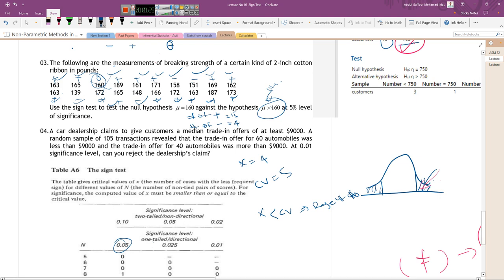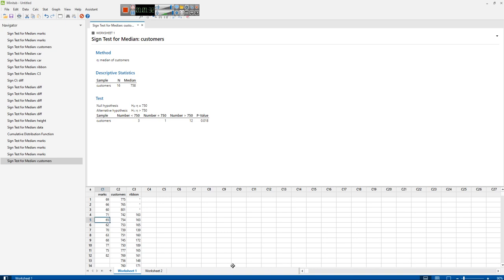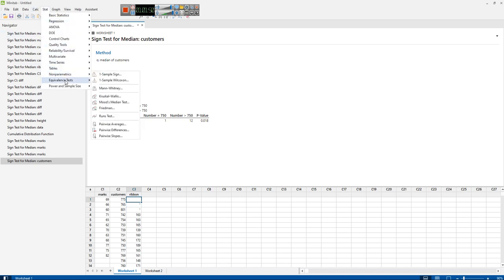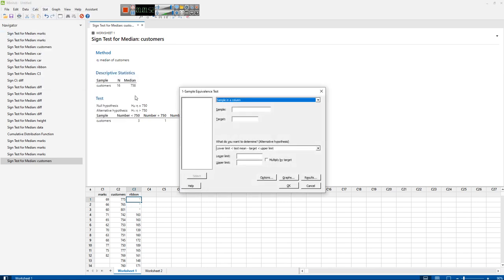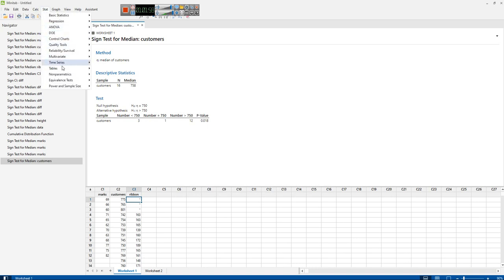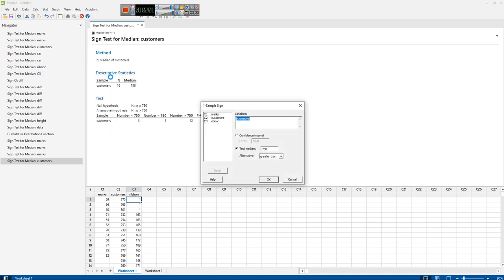Now we will perform this using our Minitab software. So I have the data here, ribbon, yeah. Right. So go to Stat, Nonparametric, One-Sample Sign.